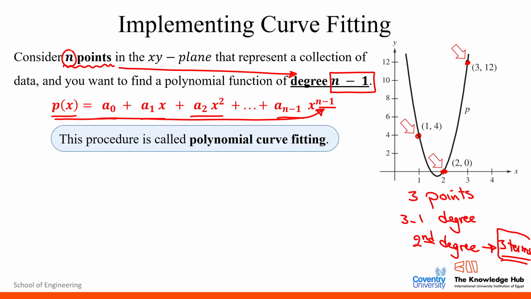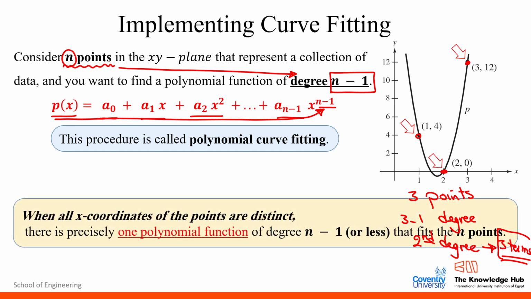This procedure is called polynomial curve fitting, to get an equation that represents the curve. When all x coordinates of the points are distinct, meaning they are different, there is precisely one polynomial function of degree n minus 1 or less.